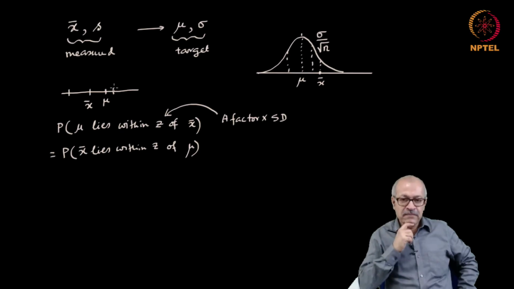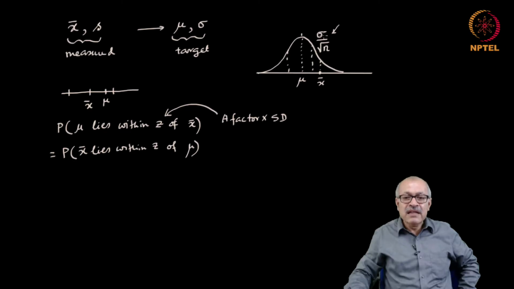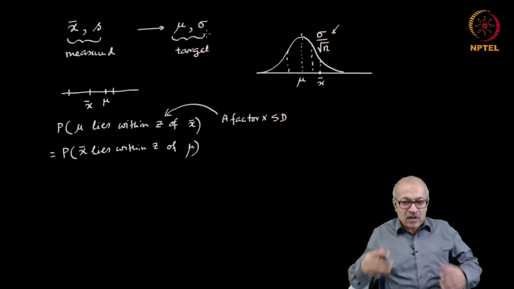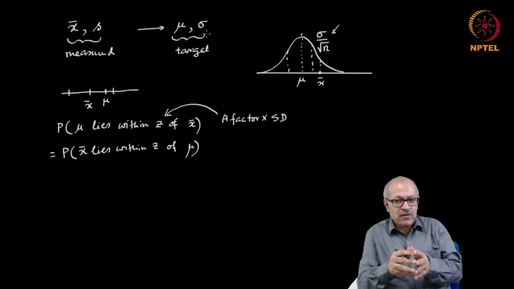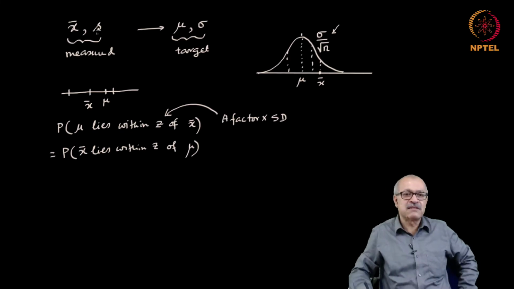Now, notice one thing, what is the standard deviation here? It is the standard deviation of the distribution of the means, which is this, and in that we do not know sigma, because that is a target, that is something that we do not know, that is of the population out there. So, we argued that in the absence of the value of sigma, we estimate it by the measured value of the standard deviation, which is s.